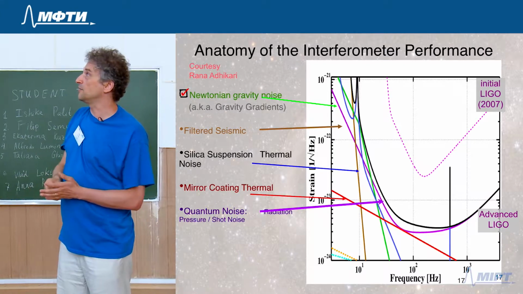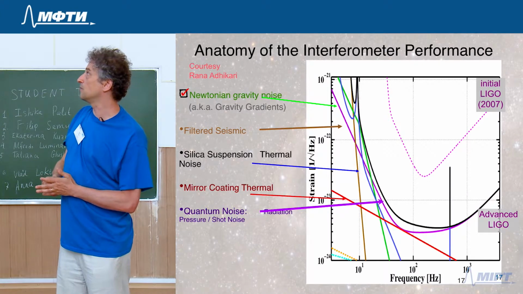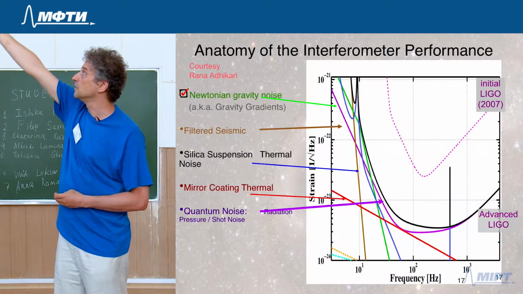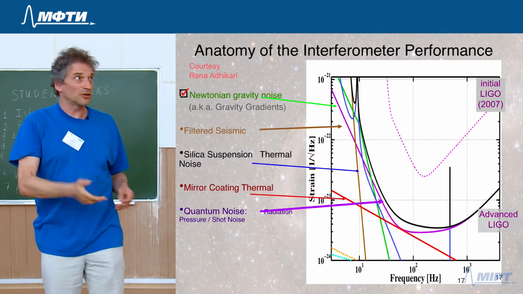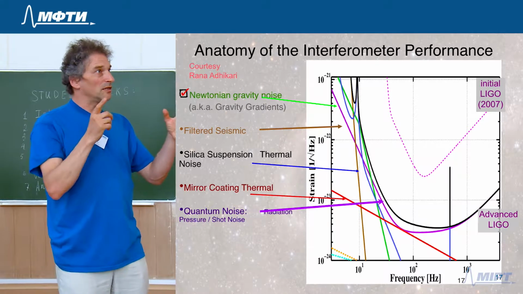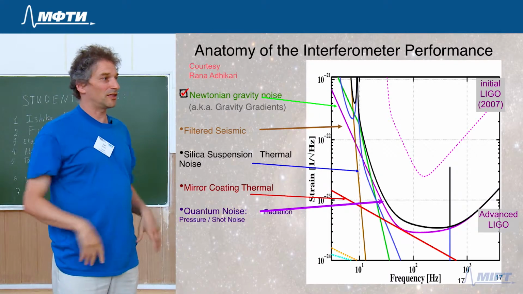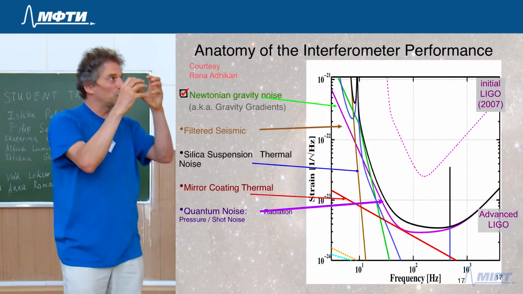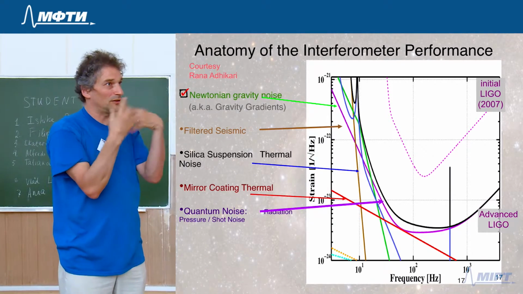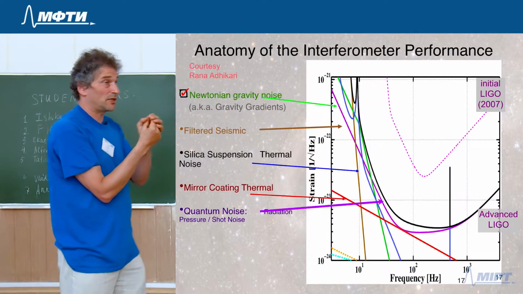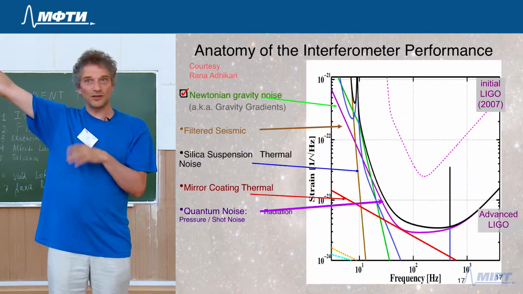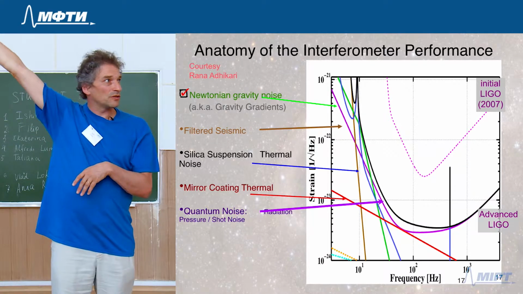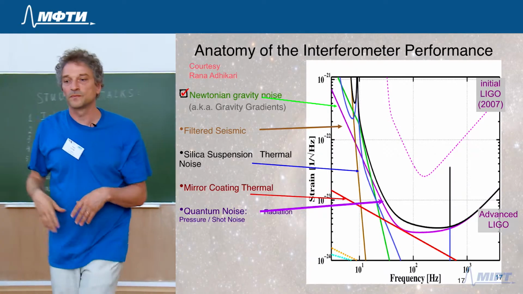You can see a fundamental quantum limit on this diagram, and the shot noise, the quantum nature of light, is coming in at high frequencies and is not letting Francois see his merger of neutron stars, right? If it wasn't for the shot noise, Francois could actually see the two neutron stars touching each other, producing these high frequency gravitational waves. But they're all buried in the quantum fluctuations of light itself in the interferometer.